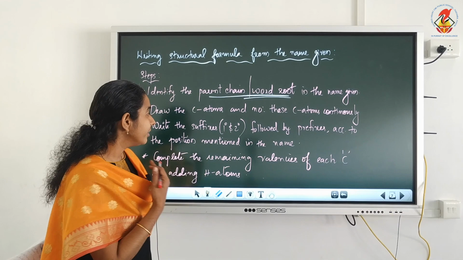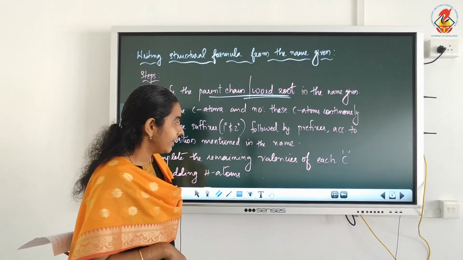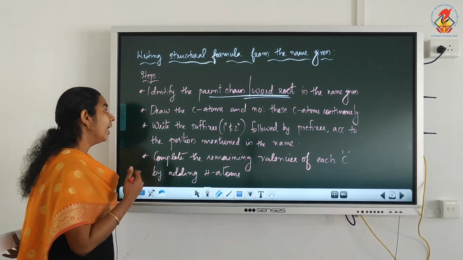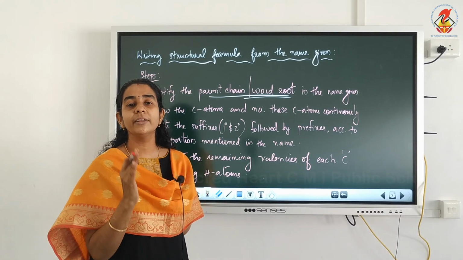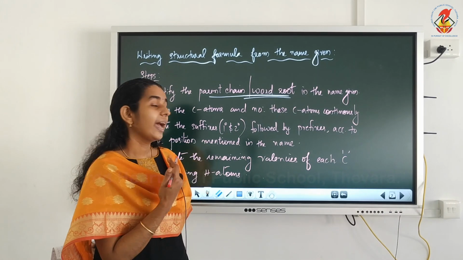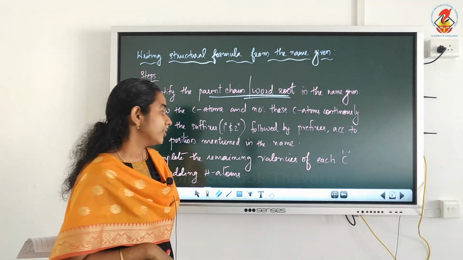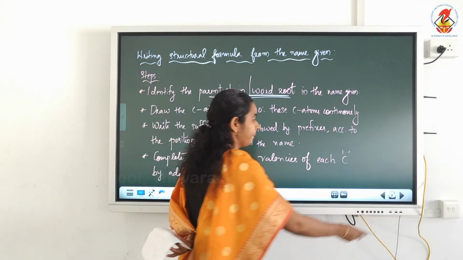So write the suffixes and prefixes according to the position mentioned in the name. Then the valencies of carbon will be incomplete, so complete the valencies of each carbon atom by adding hydrogen atoms. These are the steps that we have to follow when we write the structure.